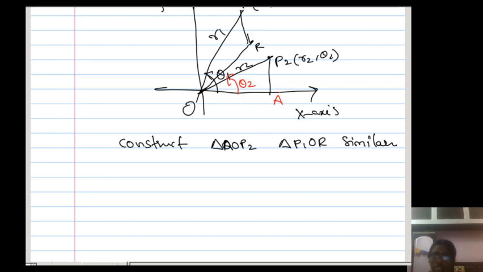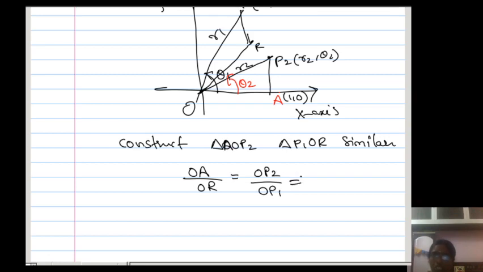If the triangles are similar, the sides have a common ratio. I want to find OR, so I can apply the relation: OA by OR is equal to OP2 by OP1.